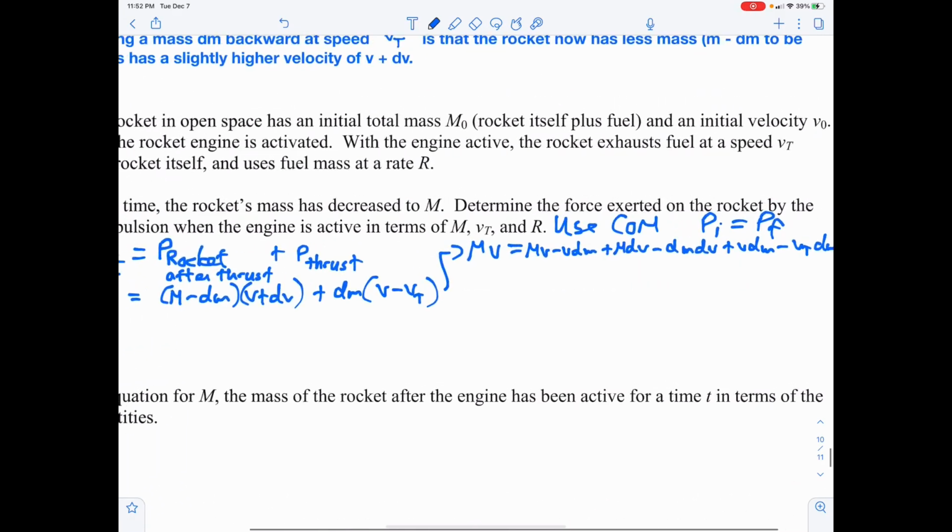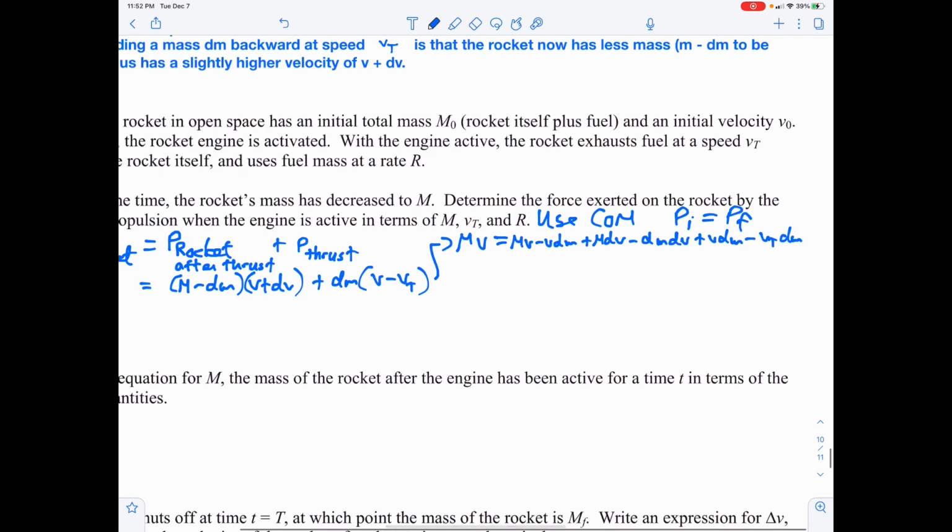Let's see what we did in all this. First of all, we distributed, so we FOILed that, expanded that. That is how we get this term here. So m times v, that's the first part. Then m times dv, there's that part. Then there's minus dm v, which is that part right there.